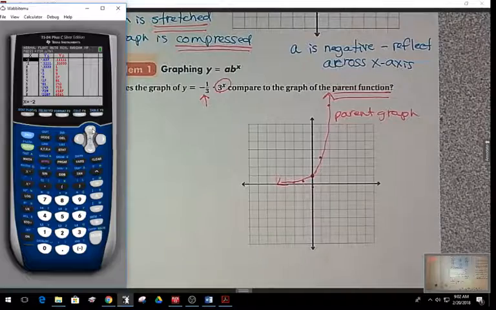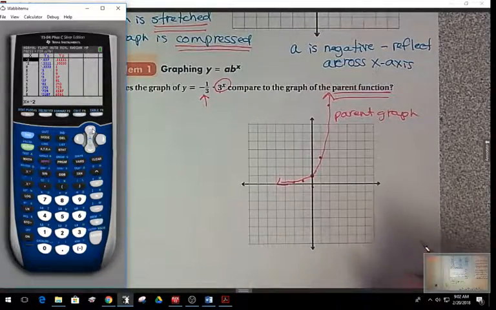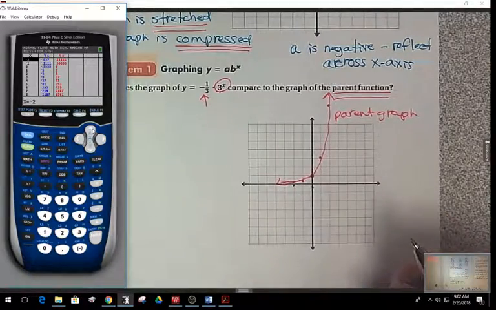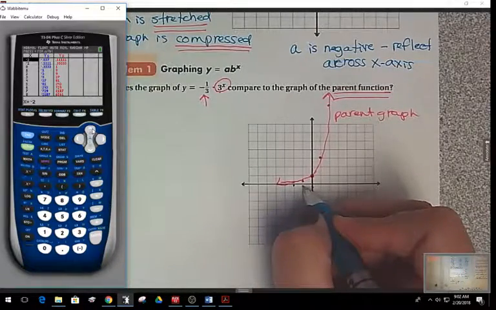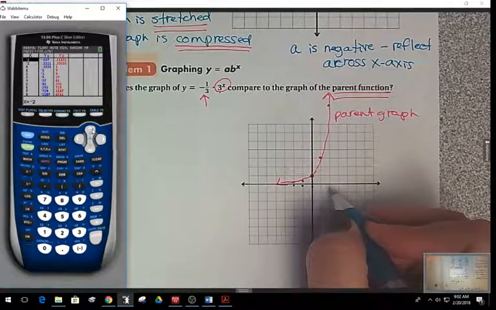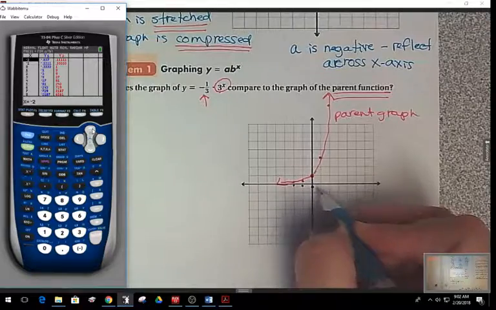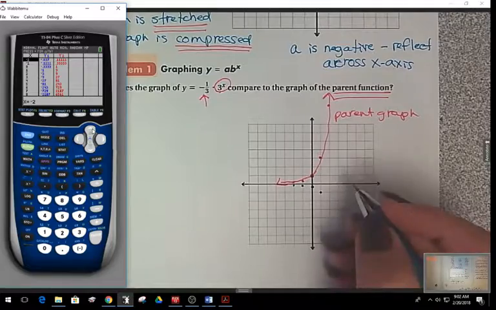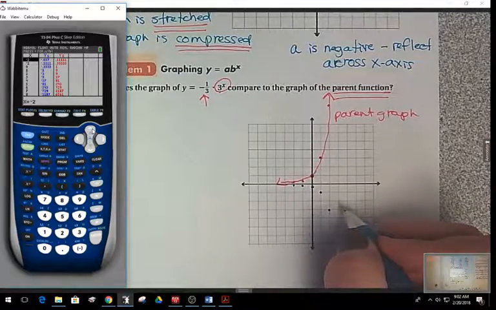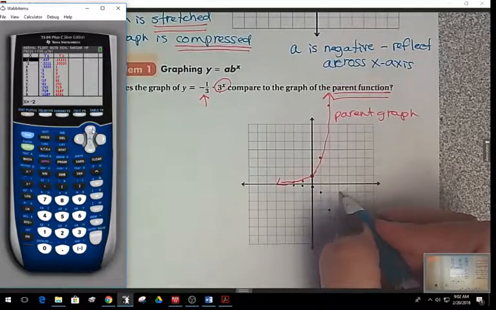But then, the one that has the negative 1/3 in front, I plot negative 2, negative 0.037, which is really close to the x-axis, and then negative 1, negative 0.111, and then 0 is negative 1/3, 1 is negative 1, 2 is negative 3, and 3 is negative 9.